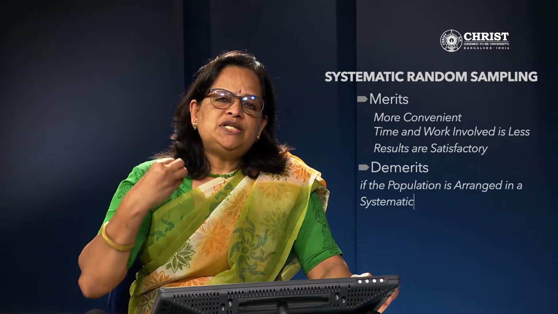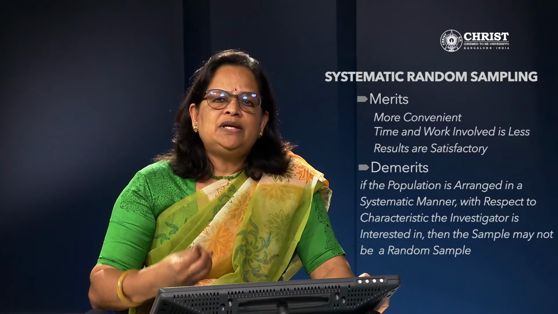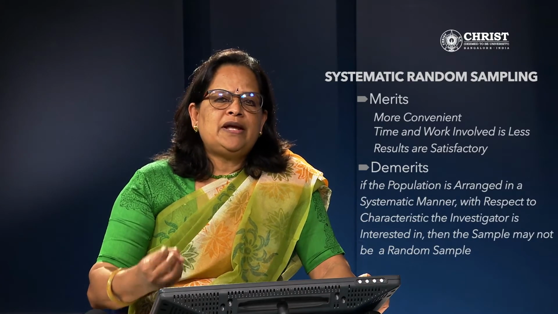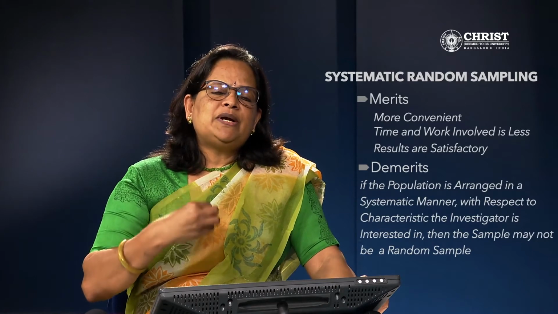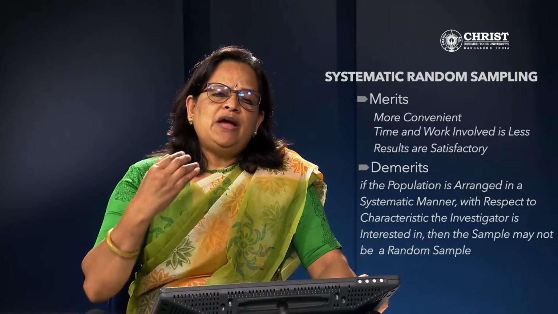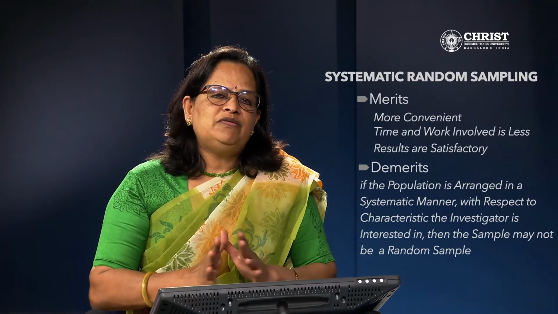If the population is arranged in a systematic manner with respect to the characteristic the investigator is interested in, then the sample may not be a random sample. For example, if I am conducting a survey about the wage structure of an organization, I want to prove that they are not giving the proper wage and their workers are not happy with it.